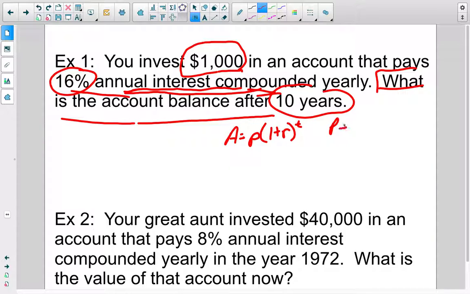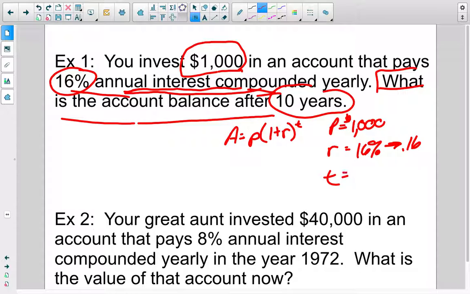So our principal, our initial investment, is $1,000. The rate that it grows at is 16%, but we're going to write that as a decimal, so 0.16. Remember, divide percentages by 100, and you get the decimal equivalent.